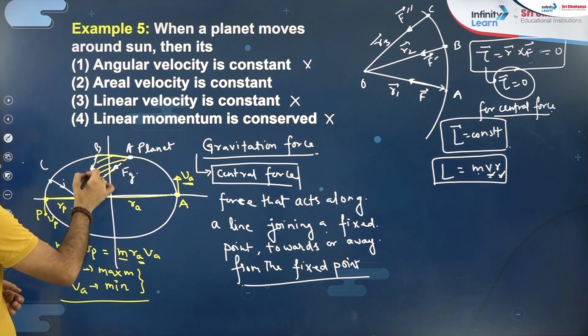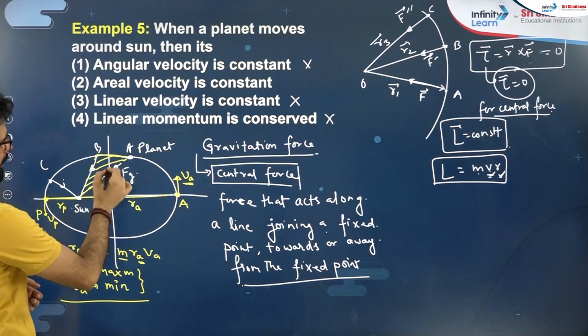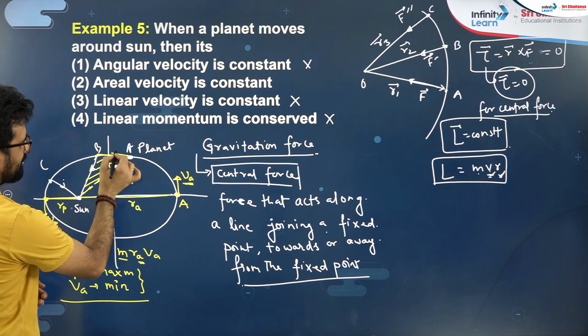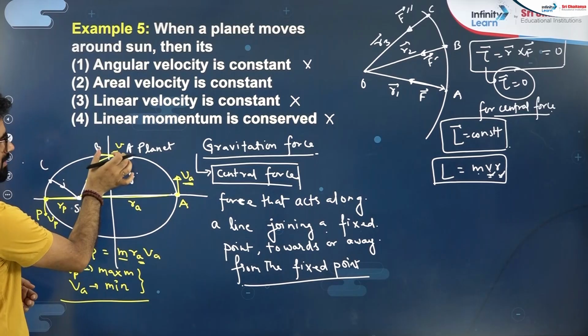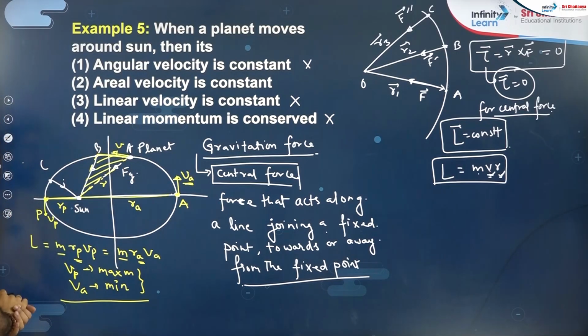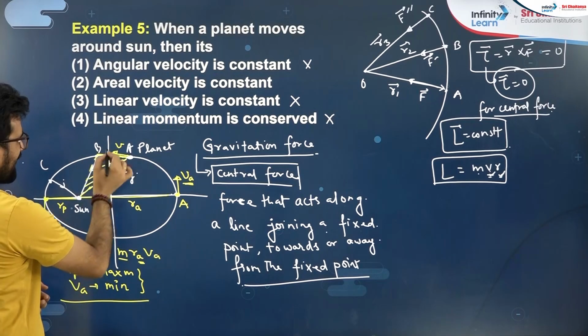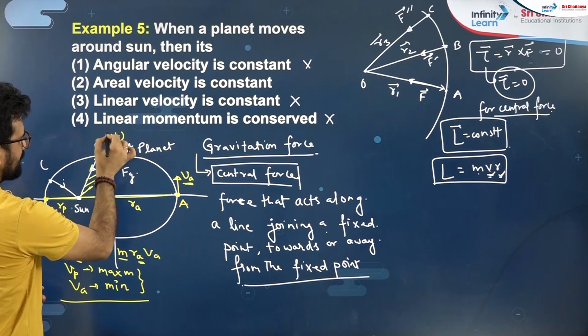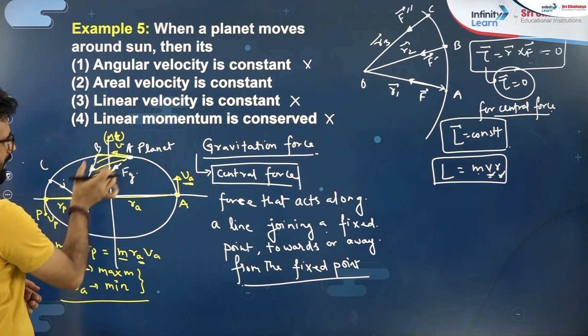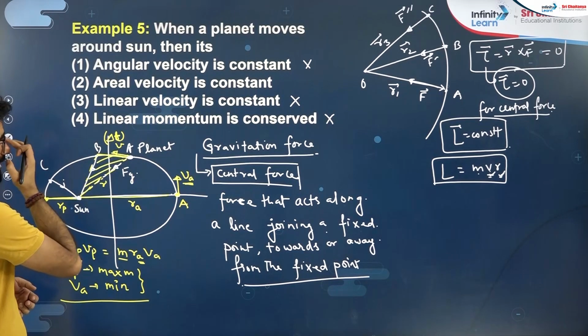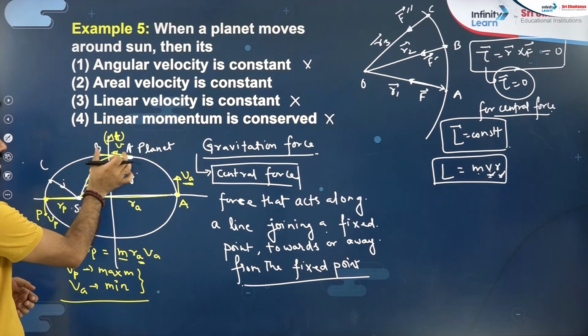This is just like a triangle. The velocity is v and the time interval is dt. This time interval is delta t or dt. So the distance from here to here would be v into delta t.